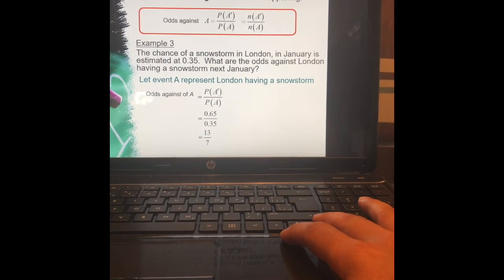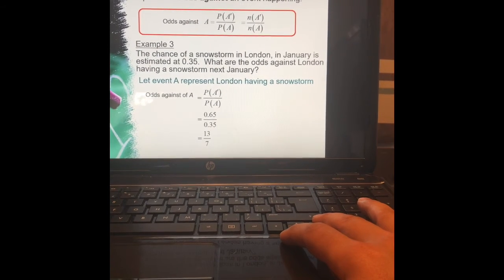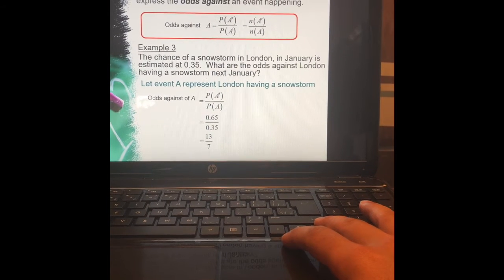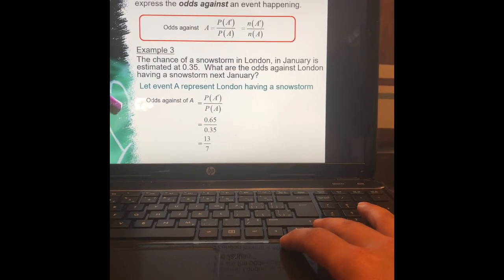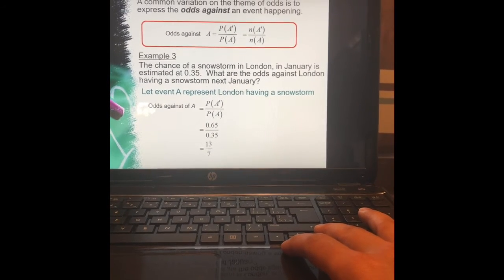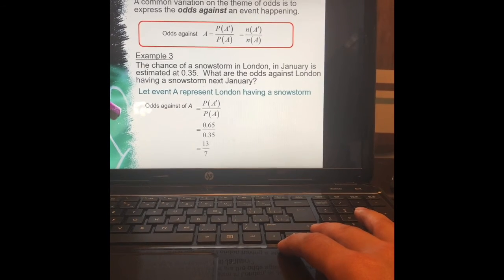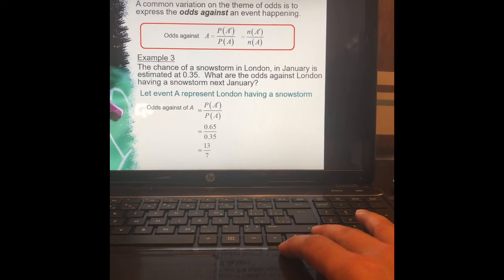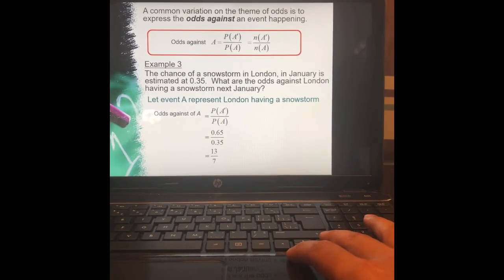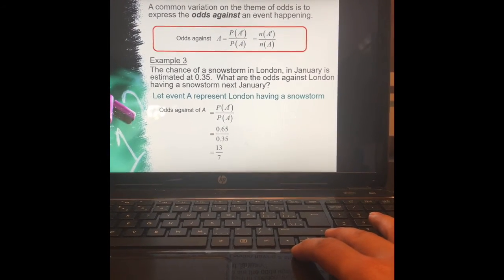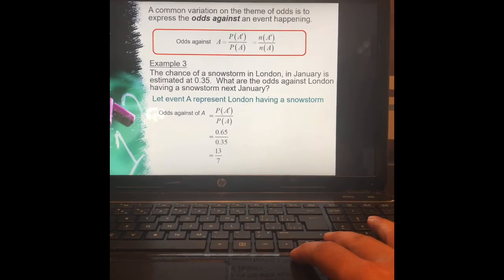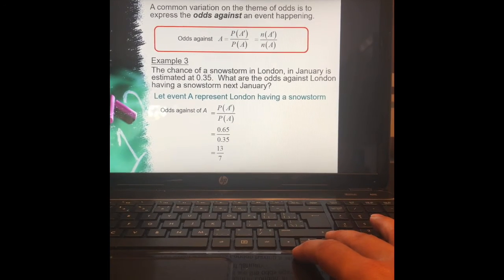Probability not A, 0.65. Remember, probability of A and not A has to add up to 1.0. So if you know probability of A is 0.35, then the complement has to be the 0.65 just by subtraction. Put it in the fraction, and there you go.